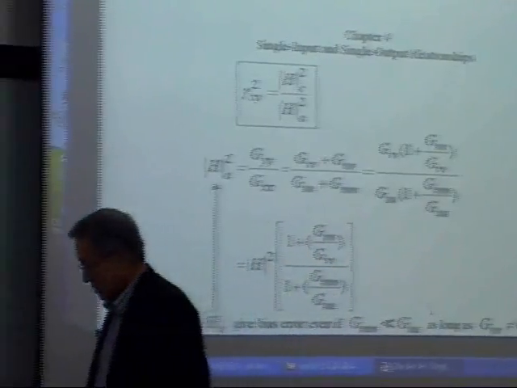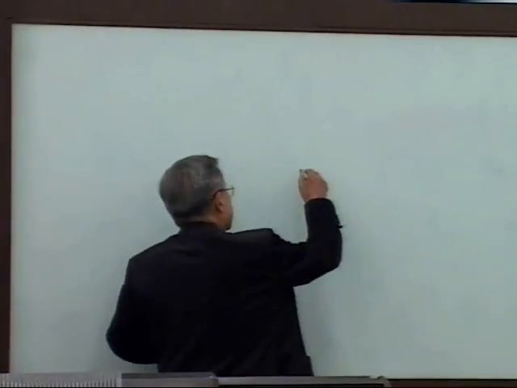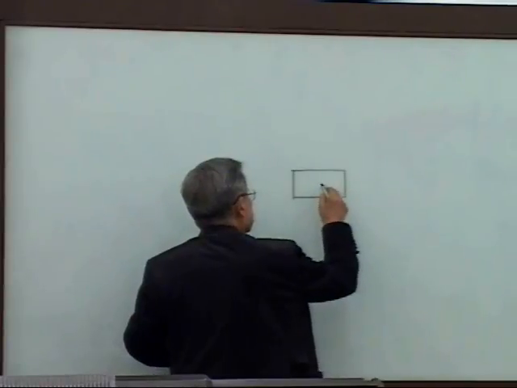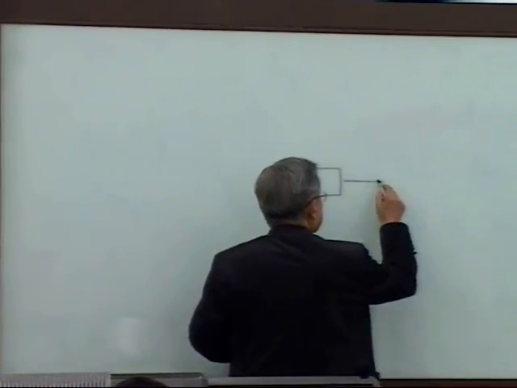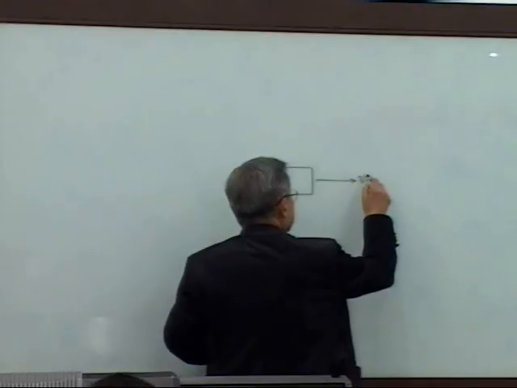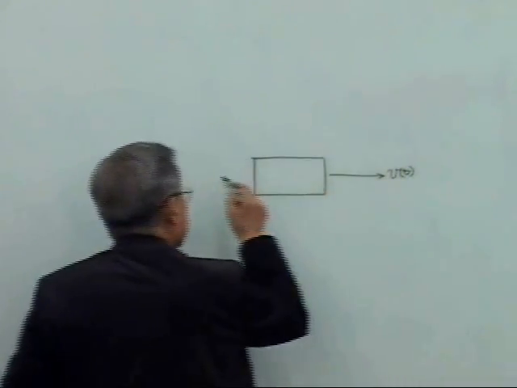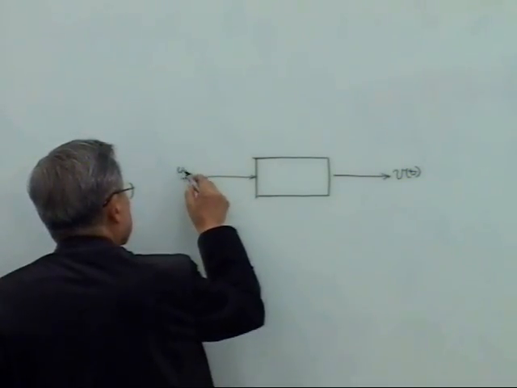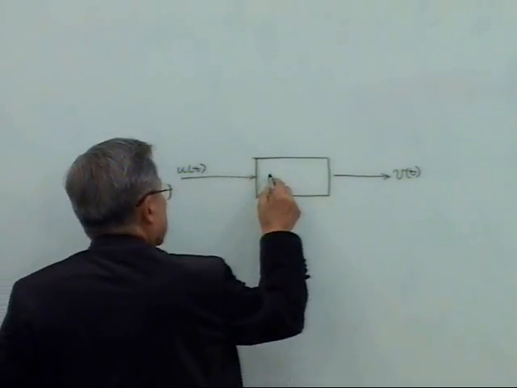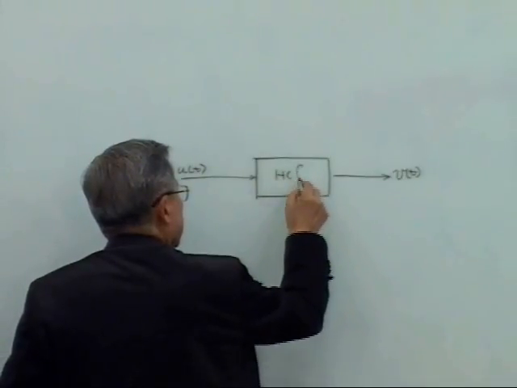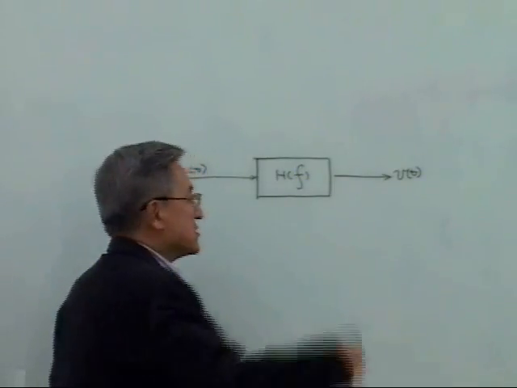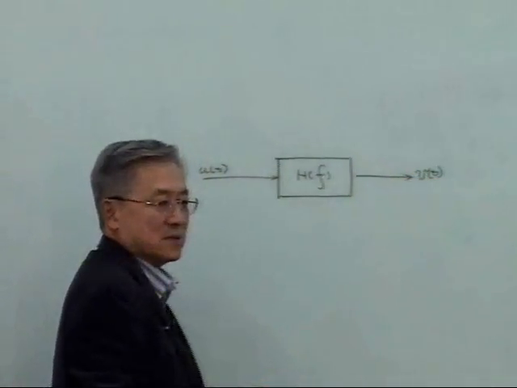You really have interest, right? As open loop, this is a system. This happened to be the VT. This is UT. This is HF. This is open loop. It's not closed, it's open.